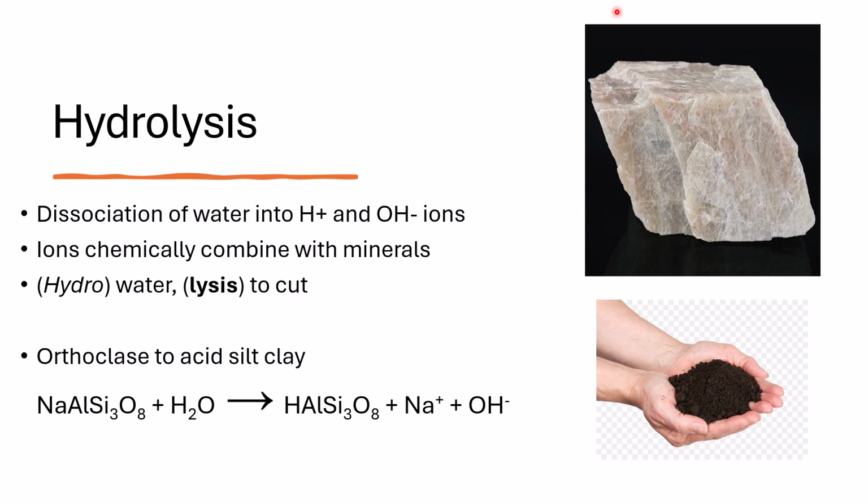Water will break down into two charged pieces, a hydrogen ion, which we write as H+, and the hydroxide ion, which is OH negative. Think of it like a tiny invisible pair of scissors splitting the water molecule. These little charged pieces are what make hydrolysis happen.